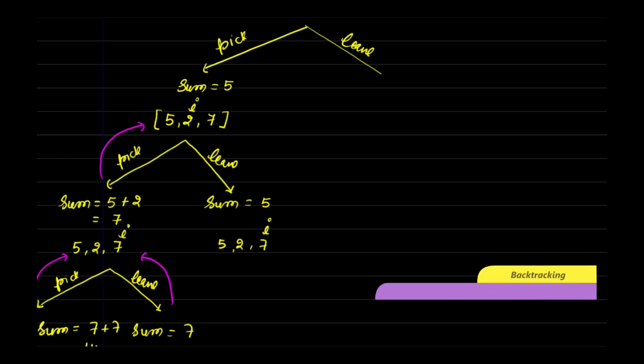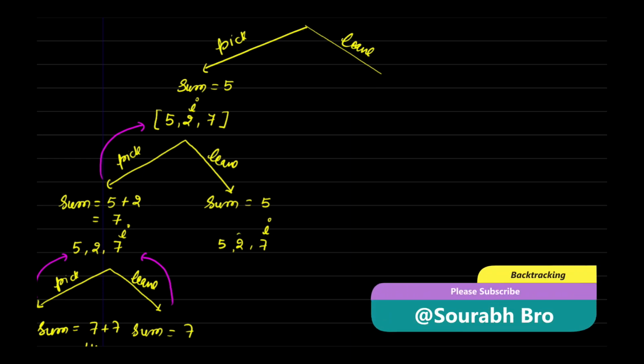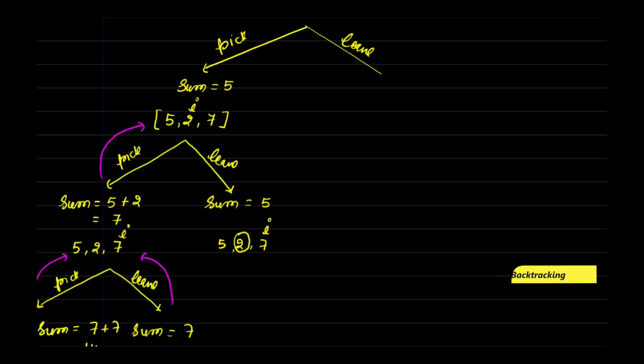Here we have left 2, so we will write like this. Now my index is at 7, so we have two choices. Either I will pick or I will leave.